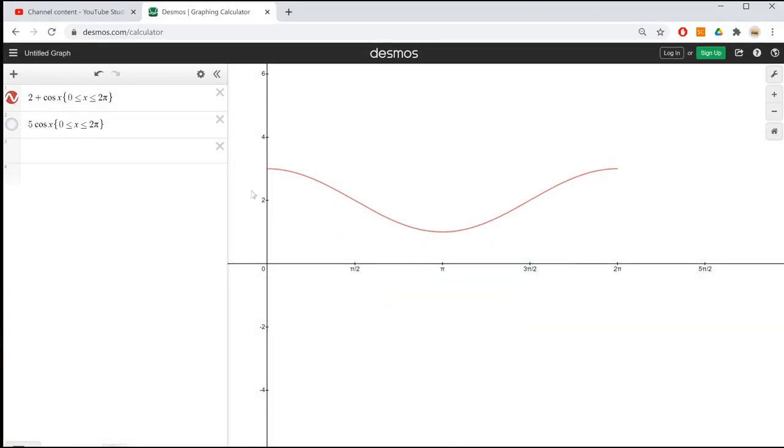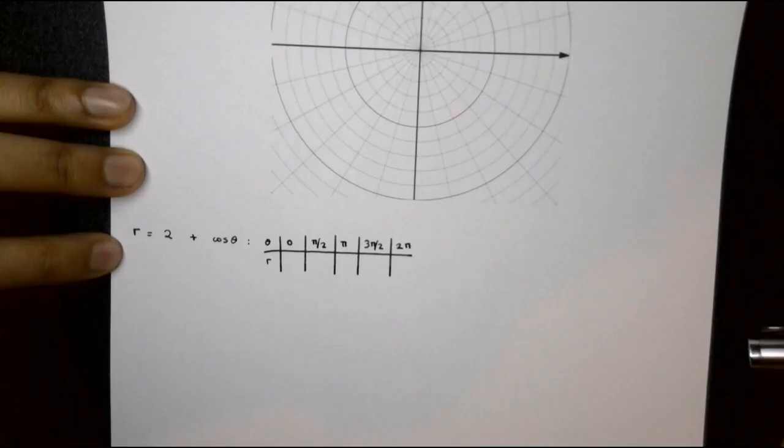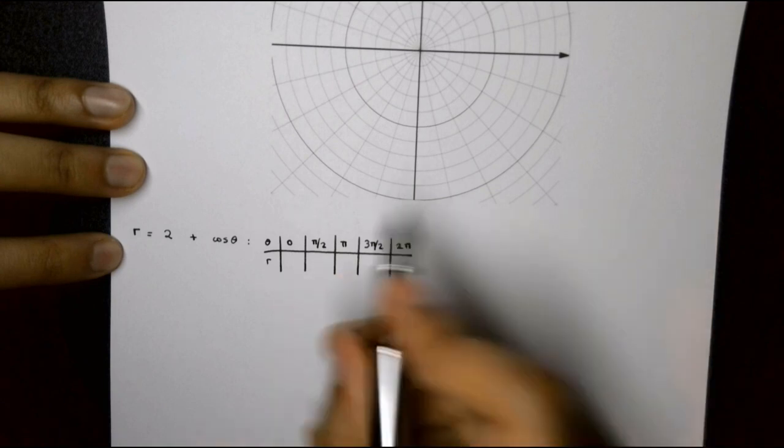You can see in between 0 and 2 pi, r will always be positive. So we will be constructing a table from values of theta equals 0 to theta equals 2 pi. So we have over here our table.